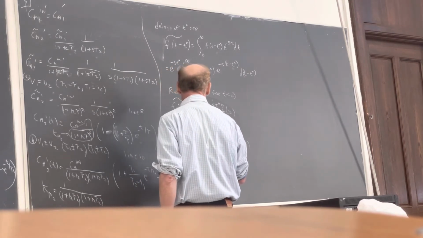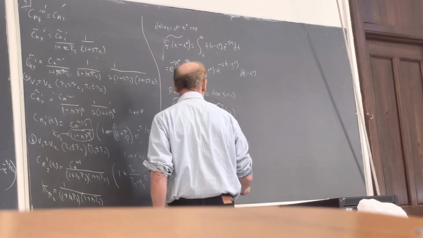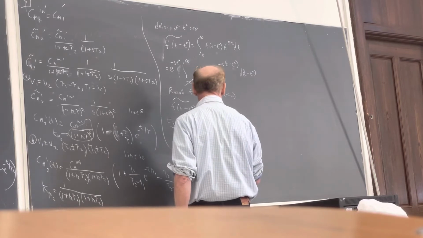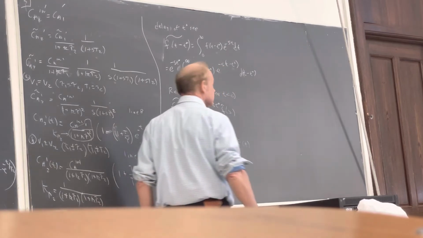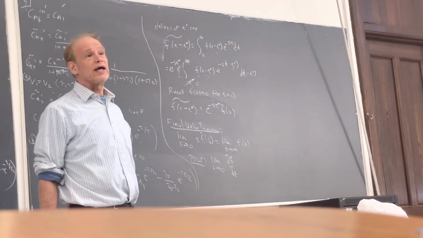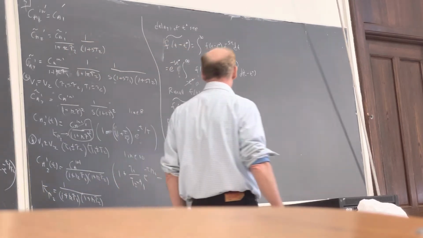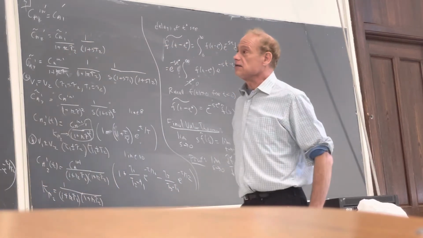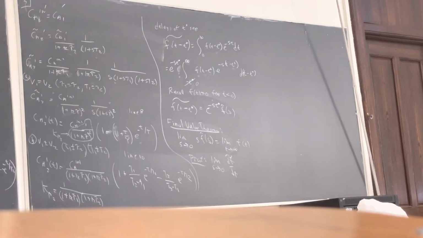Let's take the limit as s goes to 0 of the Laplace transform of df/dt. I'm going to do that in two ways. First, I know what the transform of df/dt is.